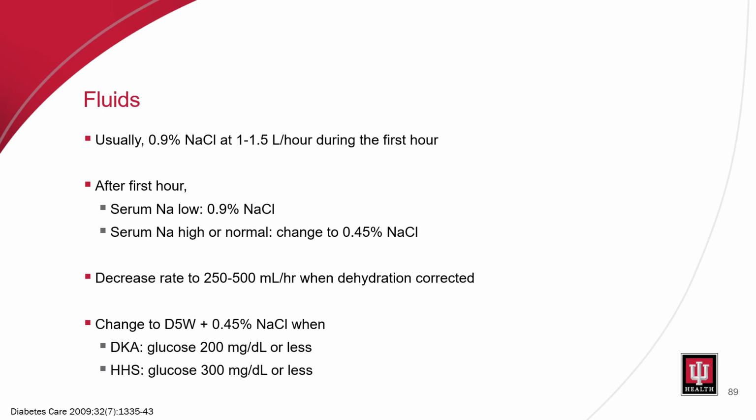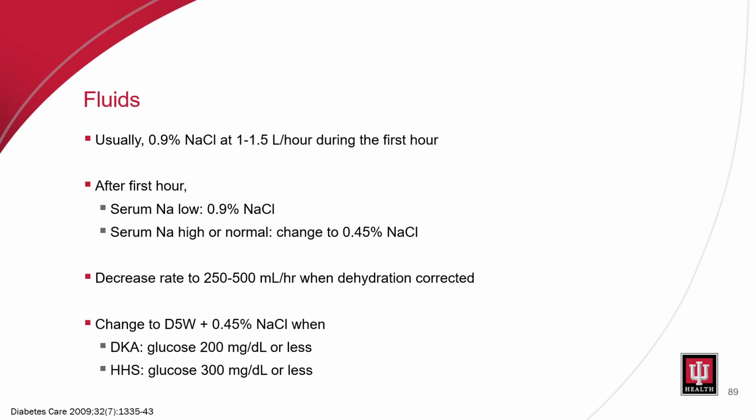However, if it's higher or normal, we may decrease the sodium chloride content and use half normal saline or 0.45% sodium chloride. We will decrease the rate to 250 to 500 milliliters per hour whenever we believe that dehydration is corrected, which will often be determined through the physical examination.